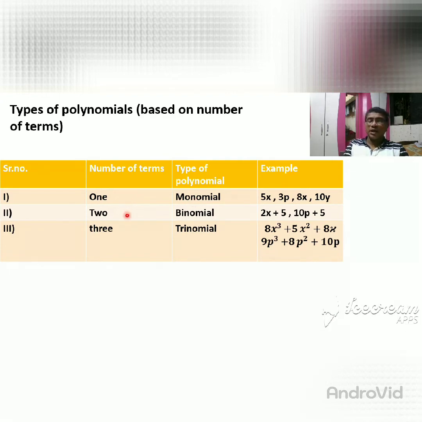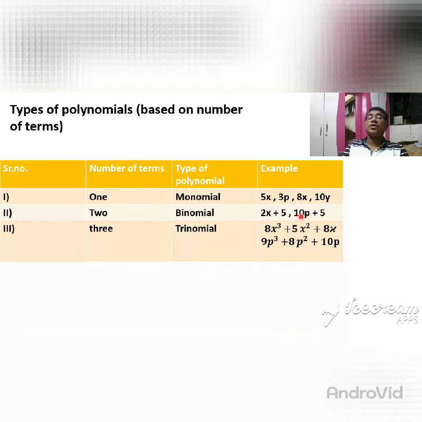Then two terms. In polynomials, if they have two terms, then they are called binomials. An example of a binomial is 2x plus 5. 2x is the first term and 5 is the second term.